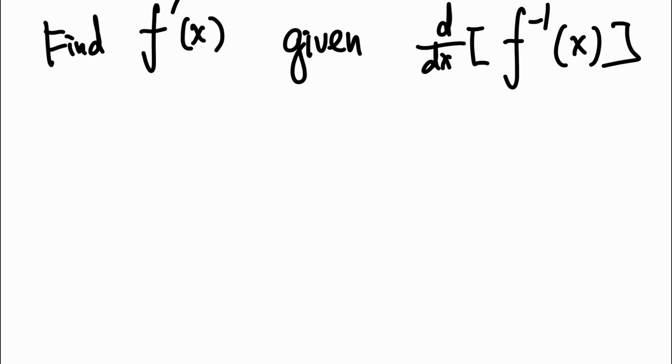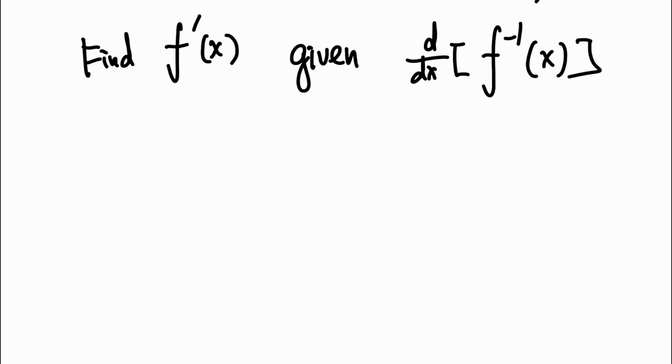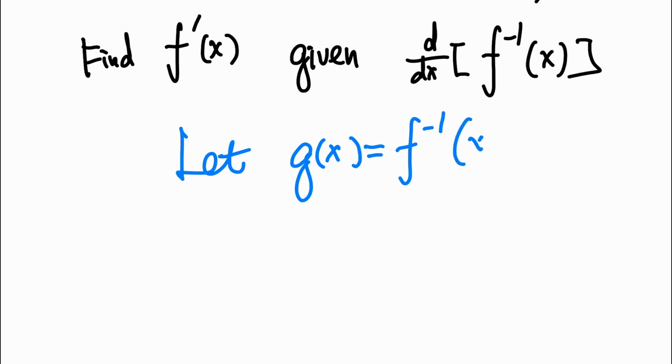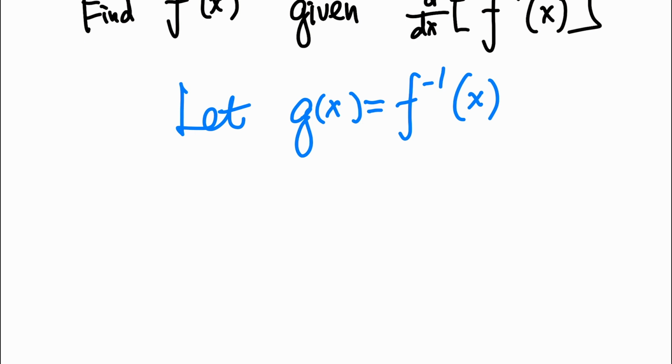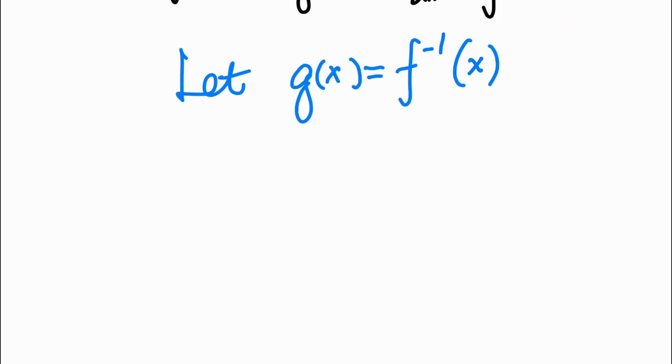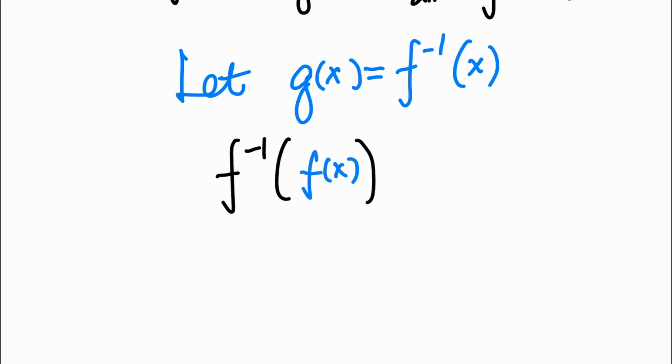Well, for convenience purposes, because this looks very daunting and confusing, we can let g of x be equal to the inverse of f of x, and we want to find the derivative of f. And over here, we actually need an identity that f of the inverse of x, the composite of this function with f of x, is equal to x. That is a property of inverse functions.